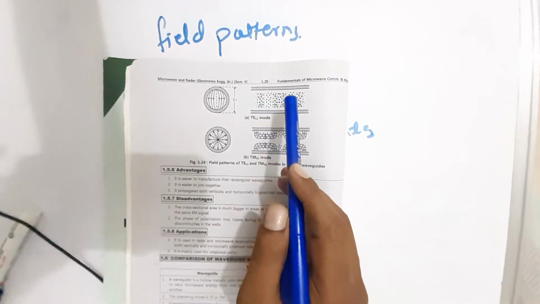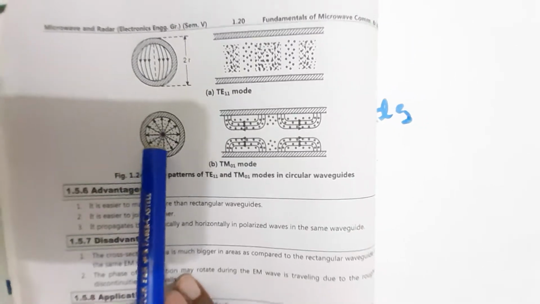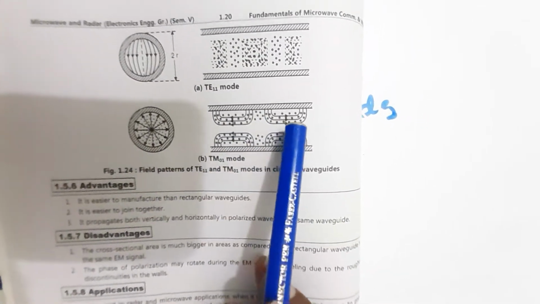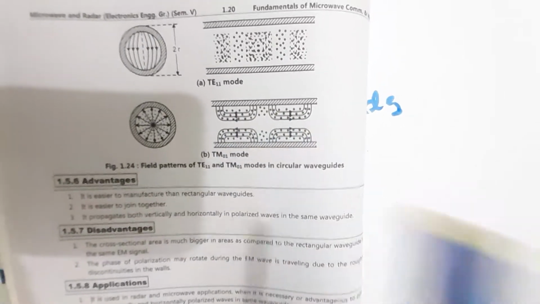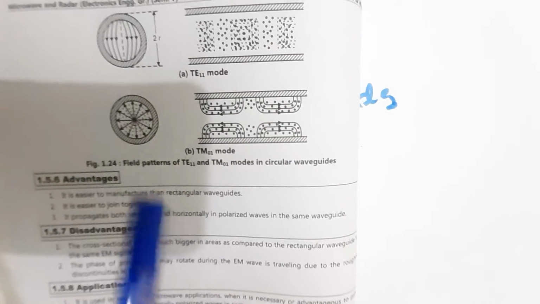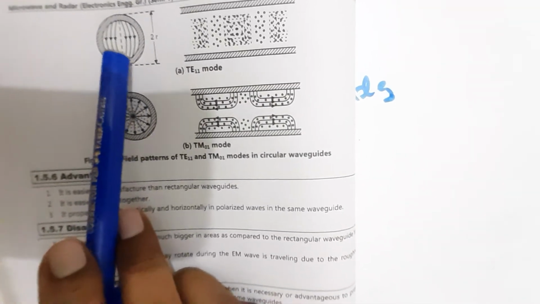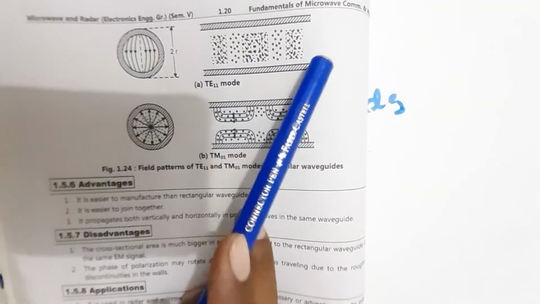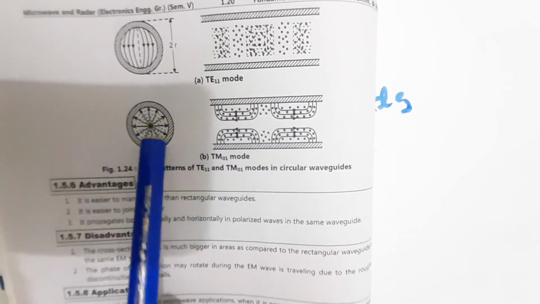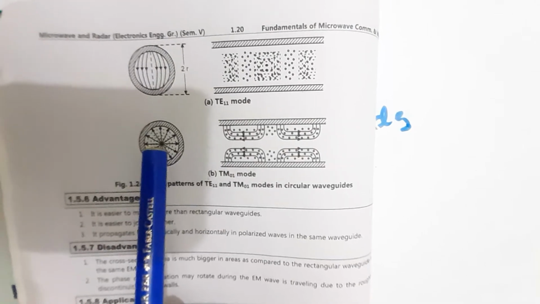Both the fields are perpendicular to each other. Similarly here, the dotted lines are the magnetic fields, and this horizontal or cross-sectional line is the electric field. Electric fields are represented by solid lines, while magnetic fields are represented by dotted lines. Both fields are perpendicular to each other.